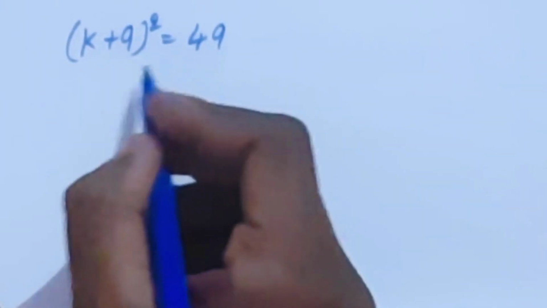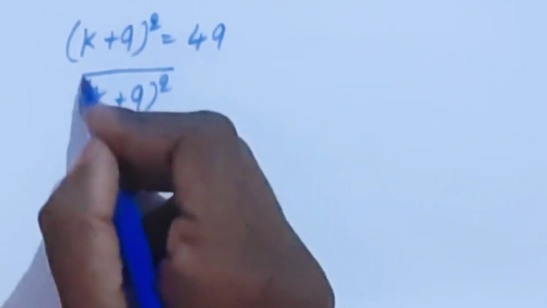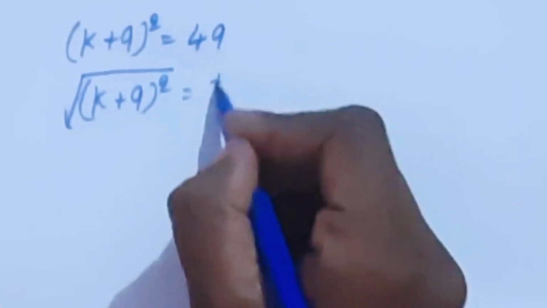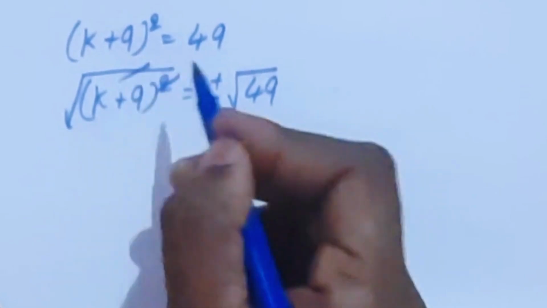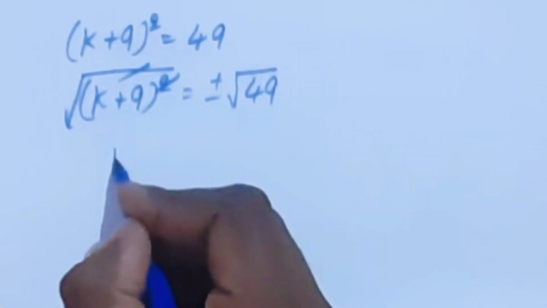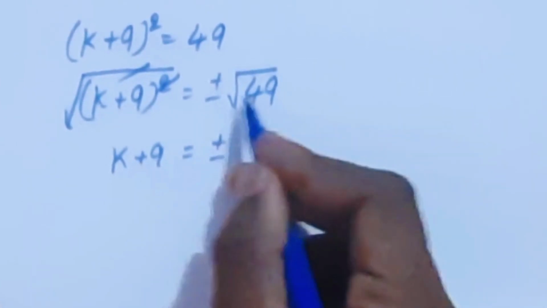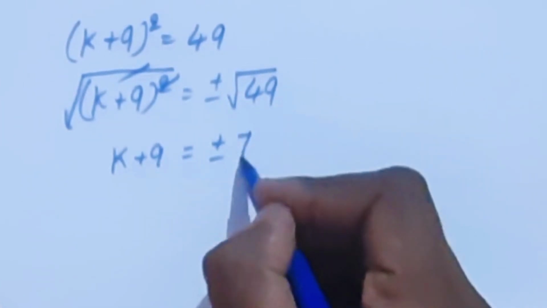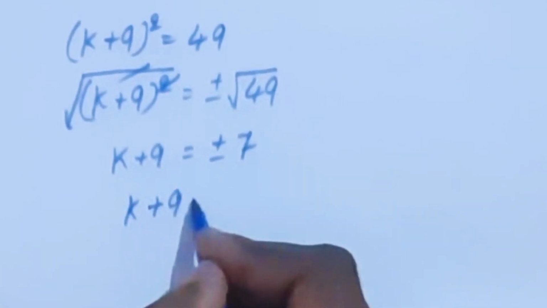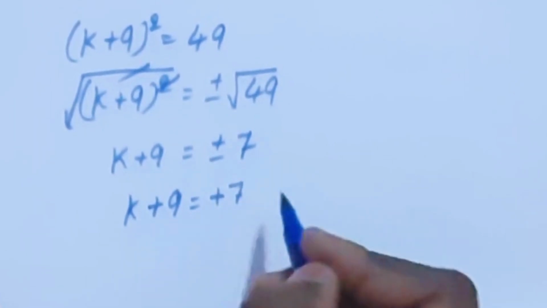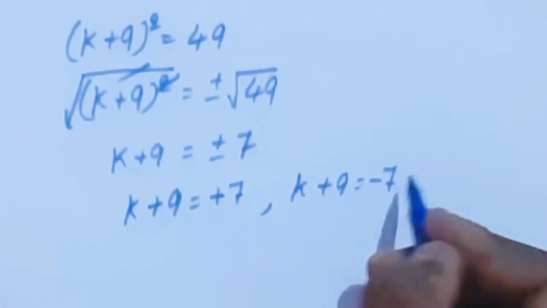Now we are going to take the square root on both sides. So the square root of (k + 9)^2 equal to plus or minus the square root of 49. Now the square and square root will cancel each other. We have k + 9 equal to plus or minus 7, since the square root of 49 is 7. So we have k + 9 equal to plus 7, and the other one is k + 9 equal to minus 7.